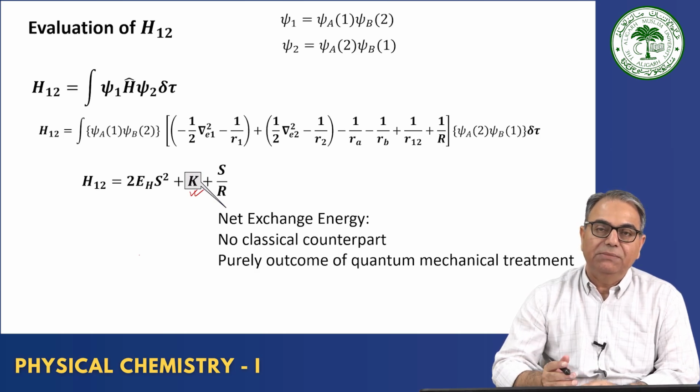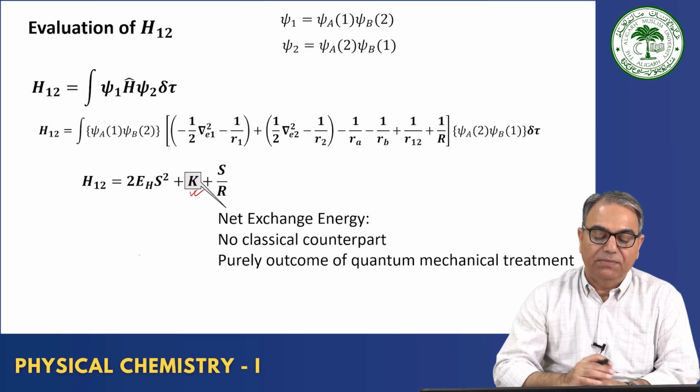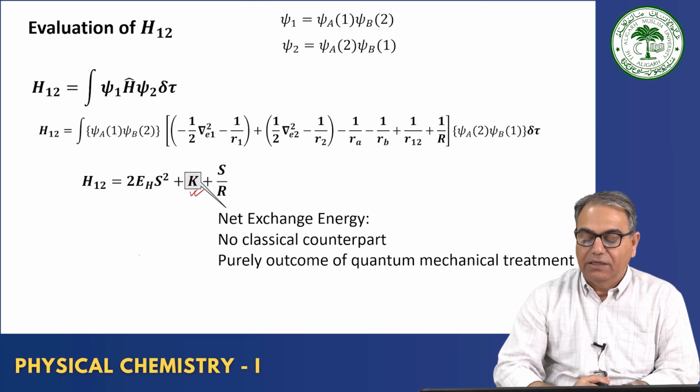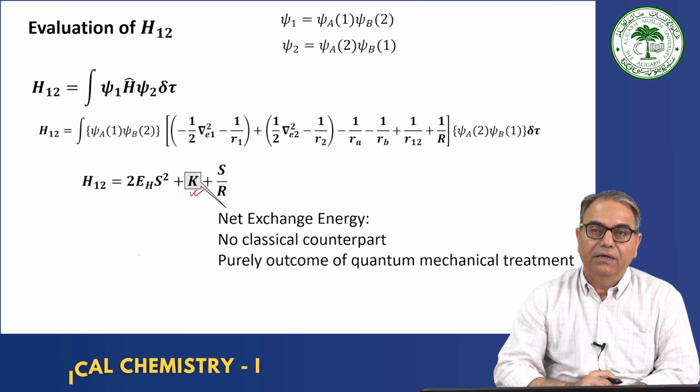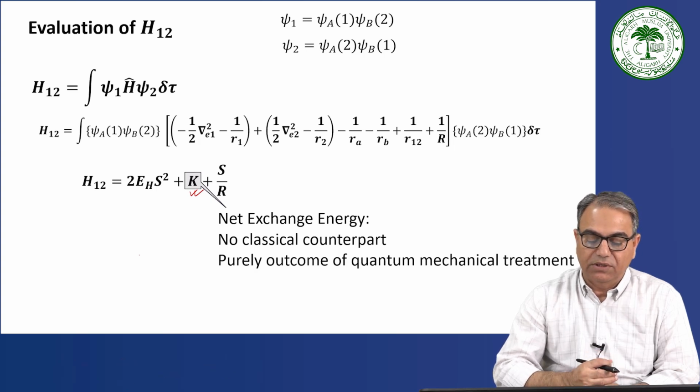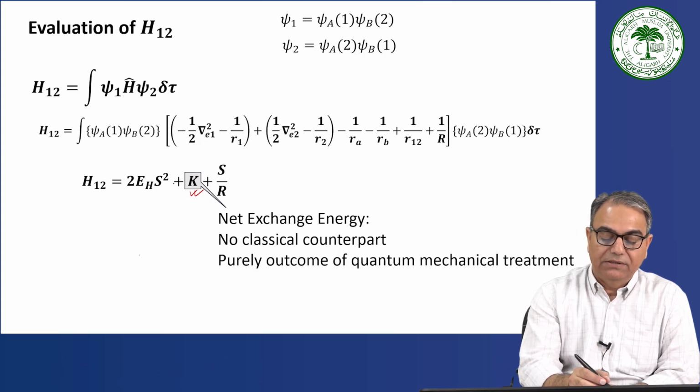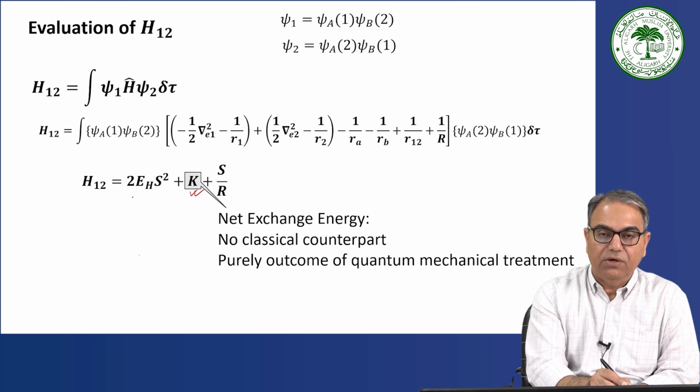Exchange energy means the electron is being exchanged from one place to another, and this later gives rise to the concept of resonance, which we will also talk about. So you get a similar equation for H12, except you have K in place of J, which is again an integral one can solve, and I will give you the value.